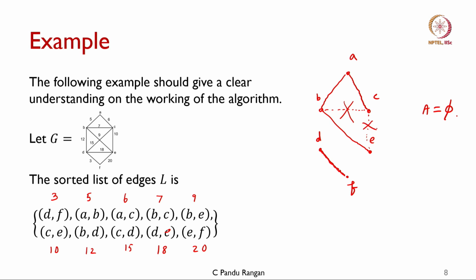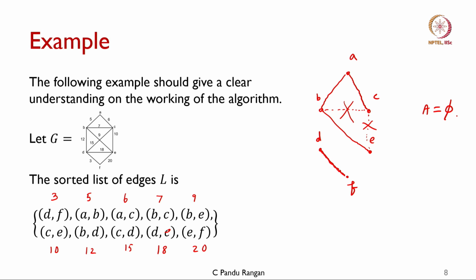When you include CE, E, B, A, C, E, it forms a cycle. So, that edge you cannot include. BD, BD can be very well added because it does not form a cycle.